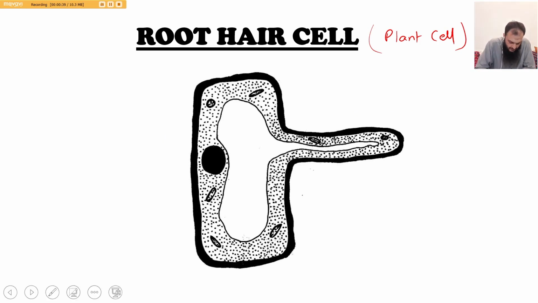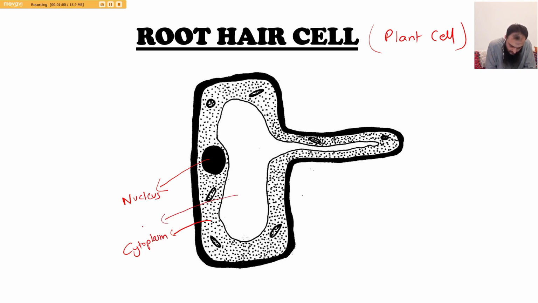So let's start. Let me change the color of it. I think red should do. Okay, so let's start off with labeling the nucleus. Okay, so that's the nucleus. And then, of course, this granular thing that you can see is the cytoplasm. And then this large central vacuole.